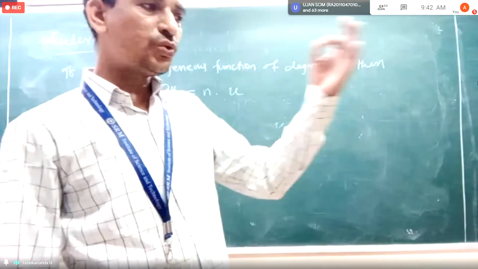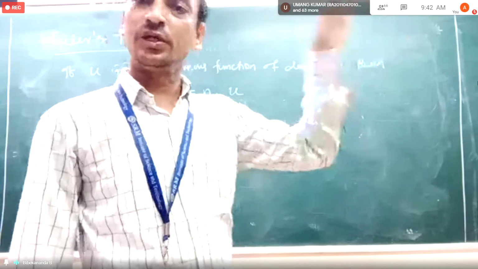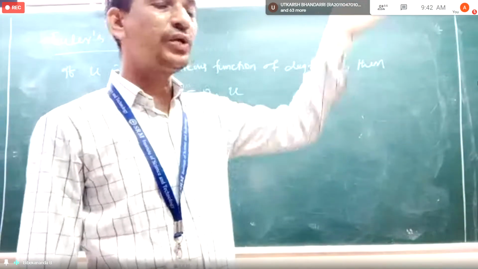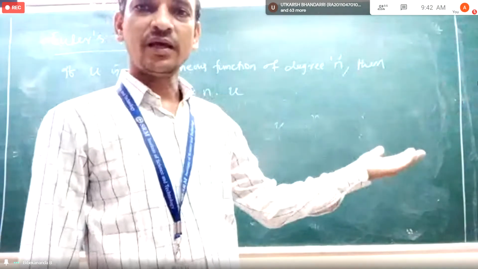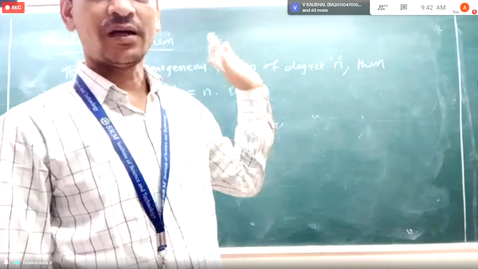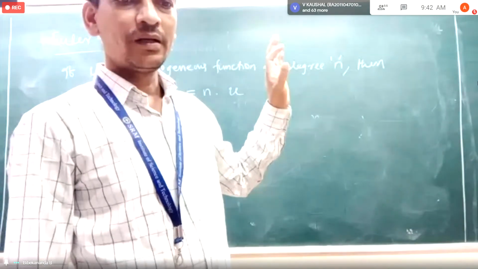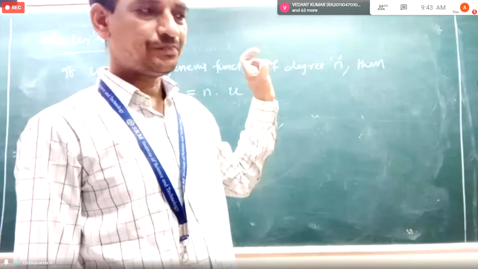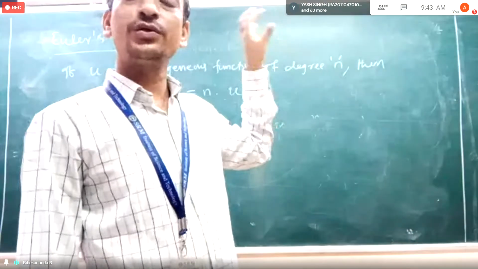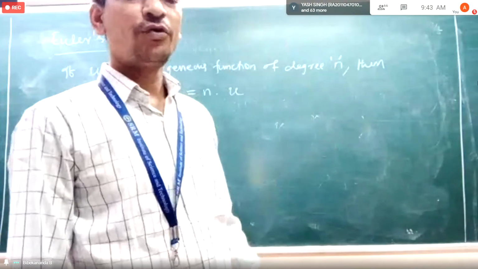If n is 1, it will be 1 into u itself. If n is 2, you will have 2 into u. If n is 3, you will have 3 into u. Like that you will get. Understood? So this is the theorem which is useful for only homogeneous functions.